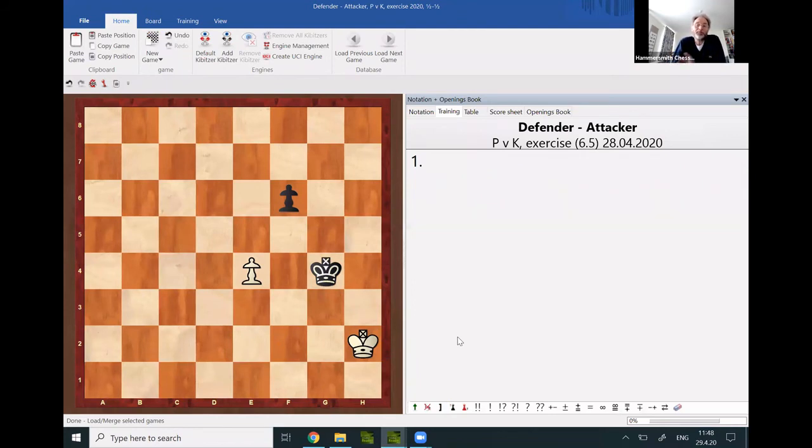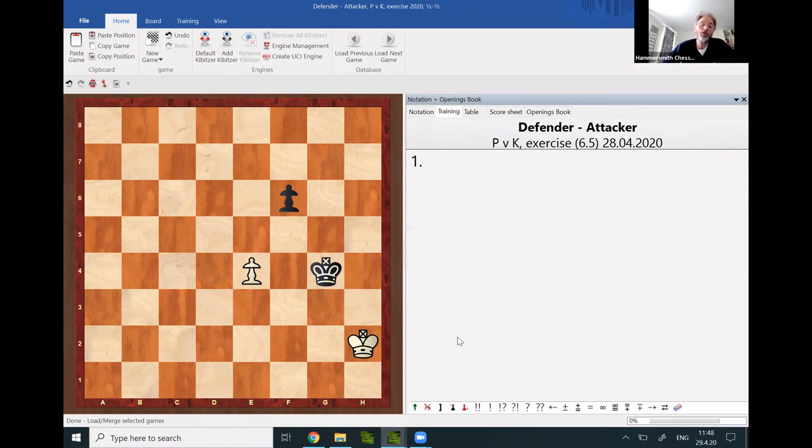Third example, and this is a similar principle. You always have to think whether direct opposition at this moment helps. Now king g2 would be direct opposition, but then king f4, king f2, king e4 would take the pawn.